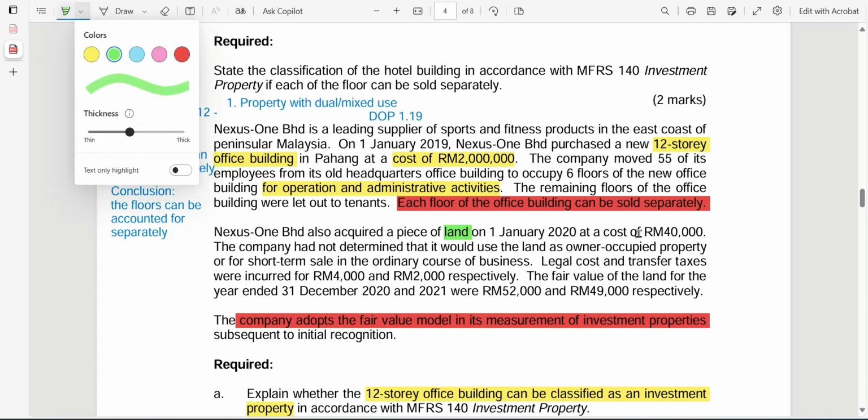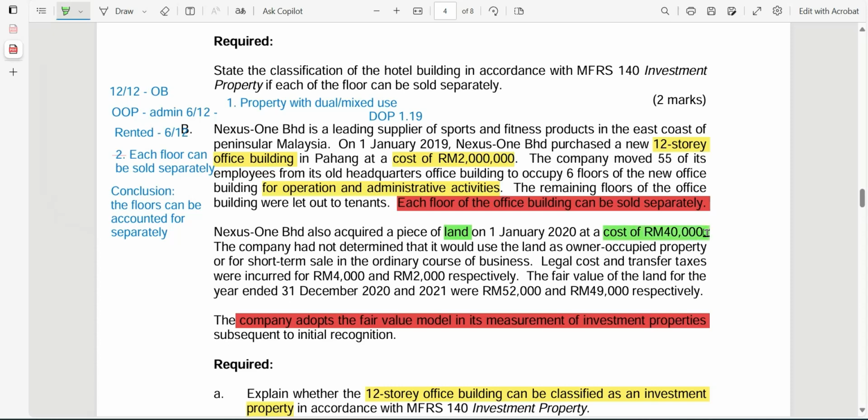The land was acquired at a cost of 40,000. And the company has not determined what to do with the land. They have not yet decided whether to use the land as owner-occupied property or for short-term sale. So it has not yet determined the purpose for which the land would be used.